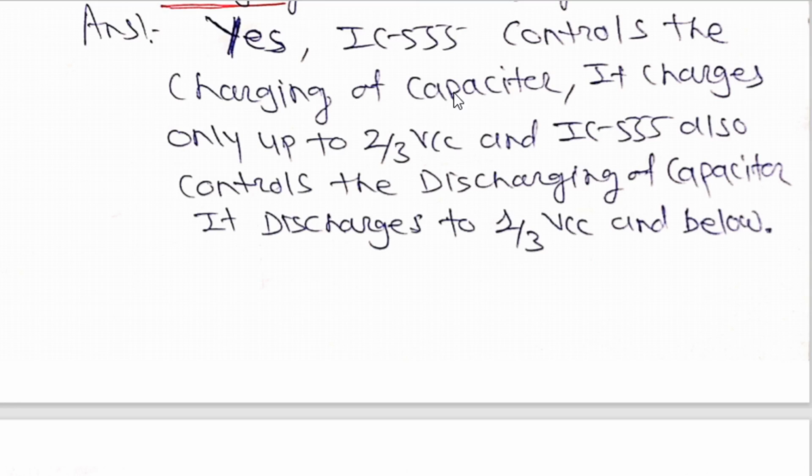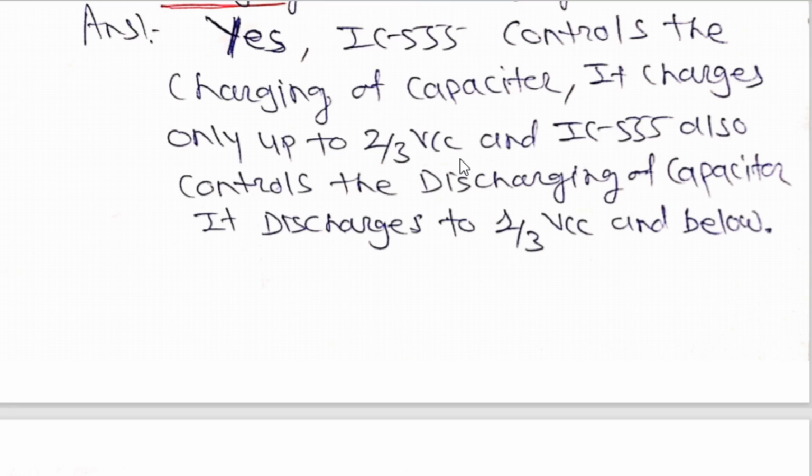Therefore, in IC555, the capacitor charges to two-third VCC only and discharges to one-third VCC only. See, IC555 controls the charging of the capacitor. It charges only up to two-third VCC. That is why it is called control action.